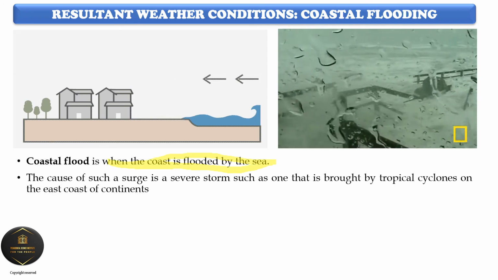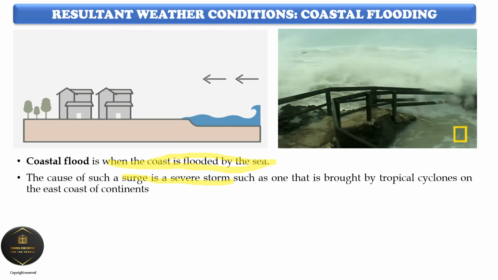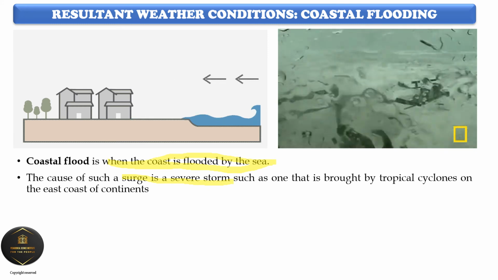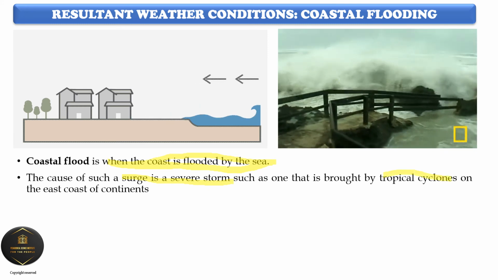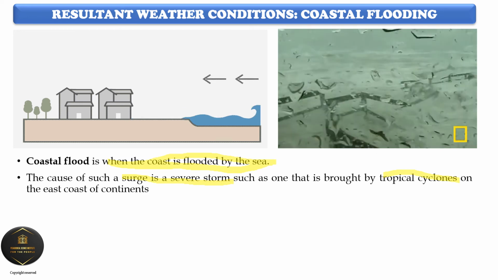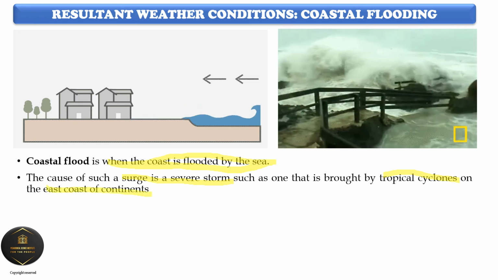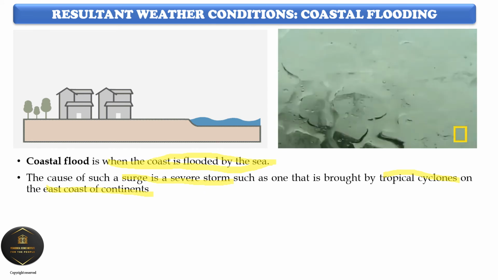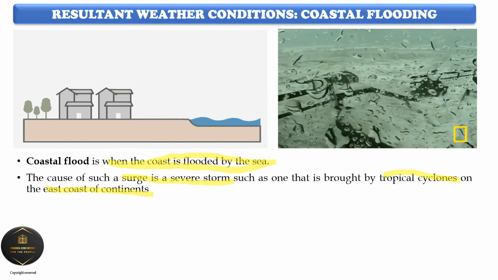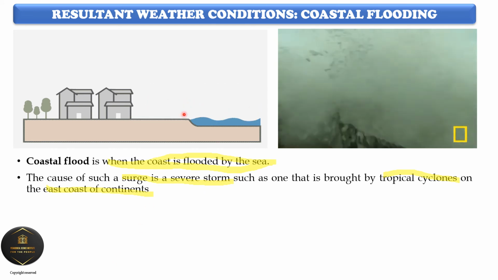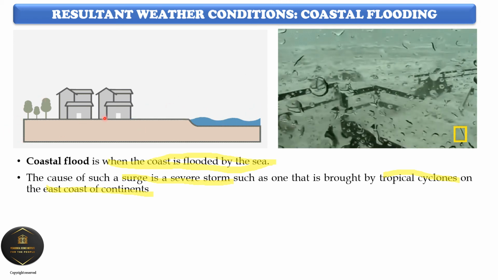And what causes that? It is caused by a surge in a severe storm, such as the one that is brought by tropical cyclones in the east coast of continents. So what will happen is that water slowly increases, as you can see here, and may flood the coastal regions.